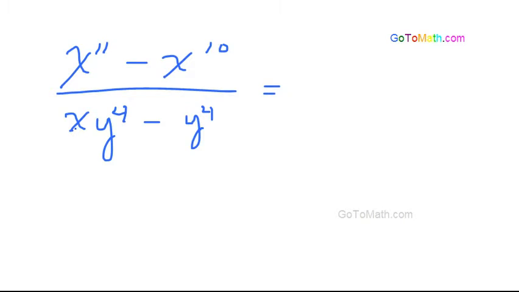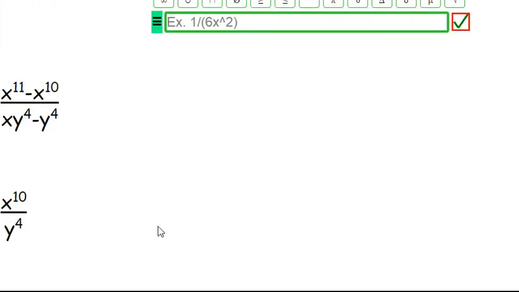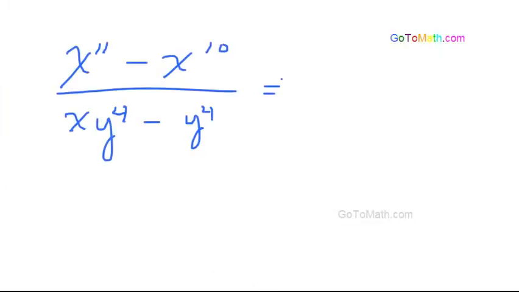You're like, I don't even think, what? This thing don't factor to nothing. Pulling out y to the 4th. Oh my God. Something's going on here. I don't know. I better just trust the math. I'm looking at this going, I don't see how this could factor to anything or reduce.